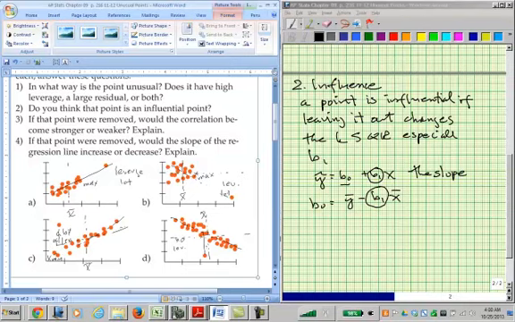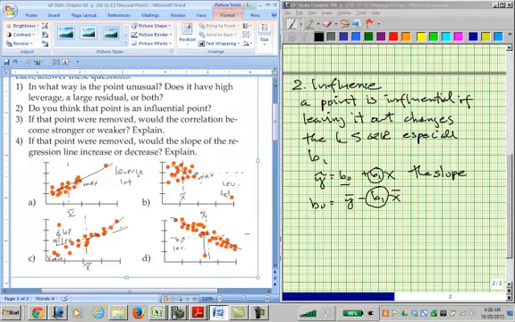Okay, let's go. We can talk about 4 because we're talking about slope. So in A, the slope does not change. It stays the same. B, the slope is 0 without the point. With the point, it's negative. So the slope would decrease if we leave the point in. If we remove the point, the slope increases.